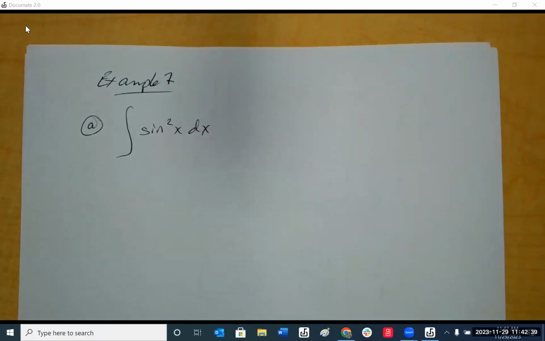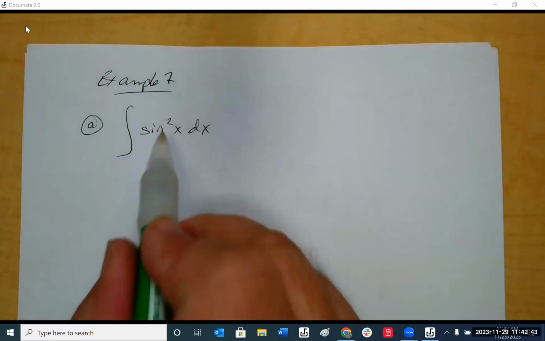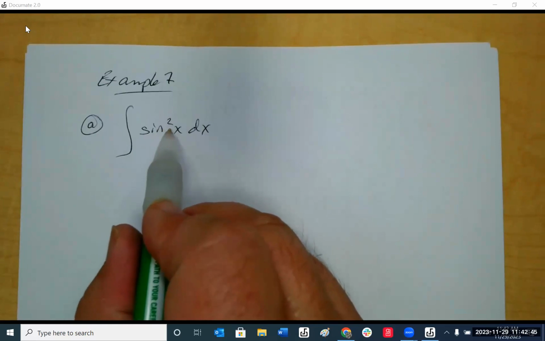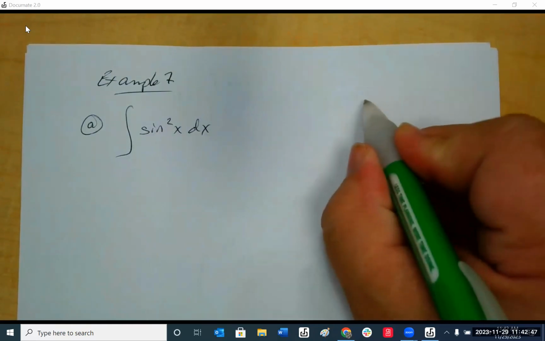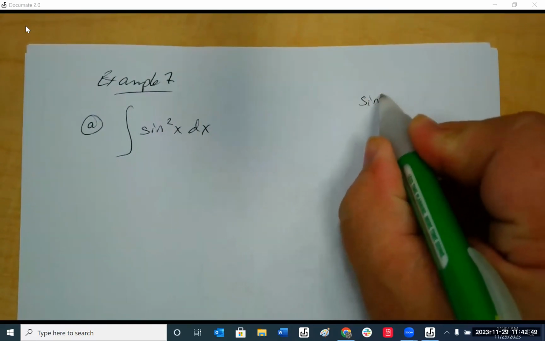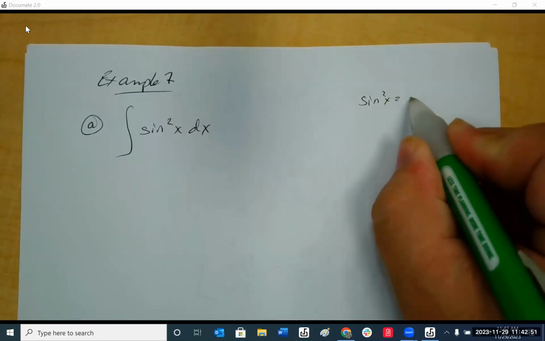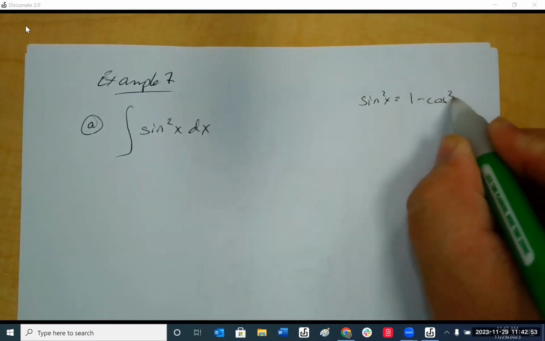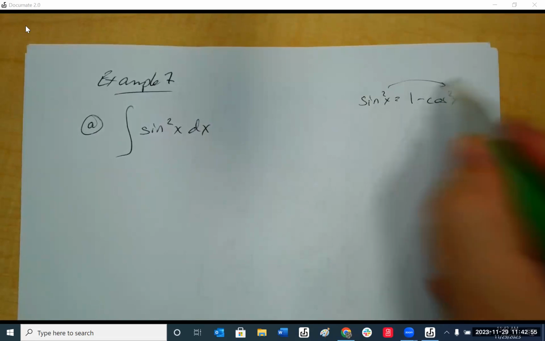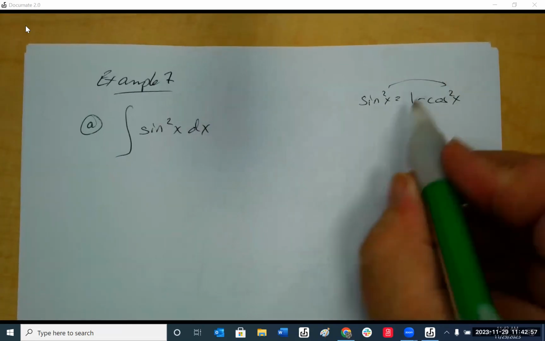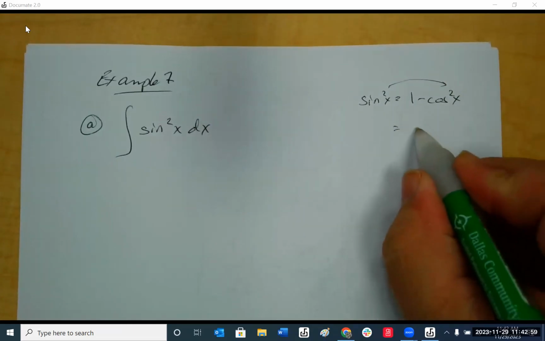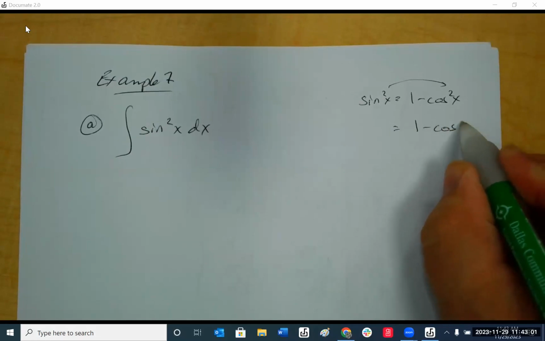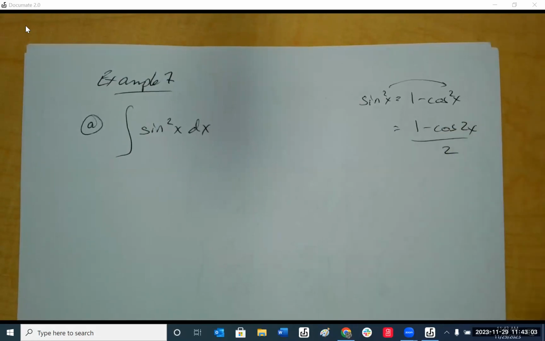Because as it says here, sometimes we use trig identities. All right, what's another identity for sine squared? We have a whole bunch of them. Sine squared could be 1 minus cosine squared, but we still have the powers. Or we can convert it to 1 minus cosine of the double angle over 2.